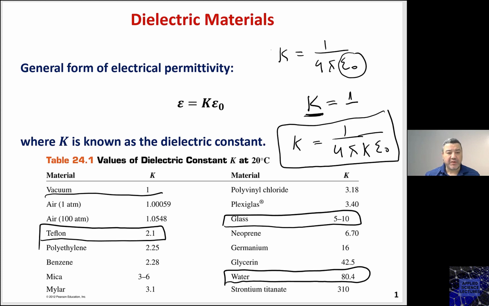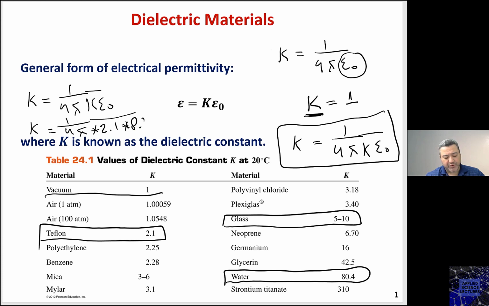In this case, if I am to write the Coulomb's constant for the Teflon, it will be 1 over 4 pi K epsilon naught. And in this case, k is 1 over 4 pi times 2.1 times 8.85 times 10 to the power minus 12.